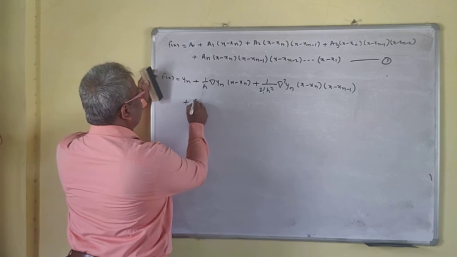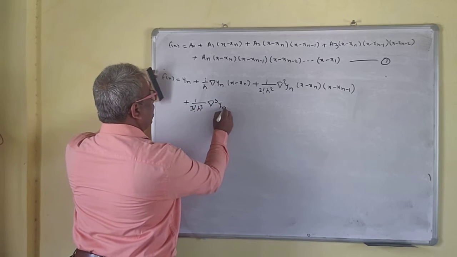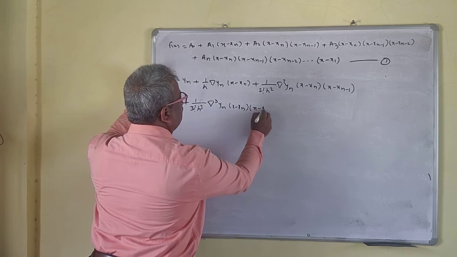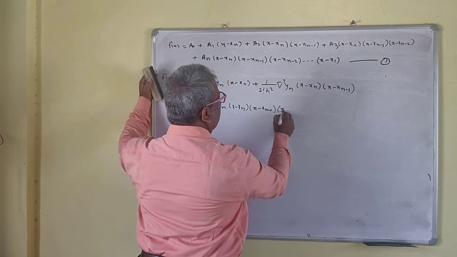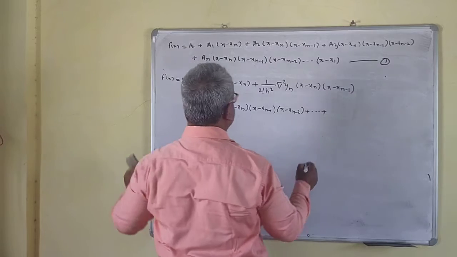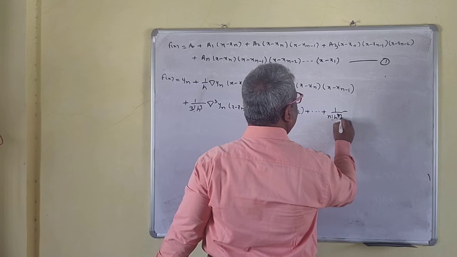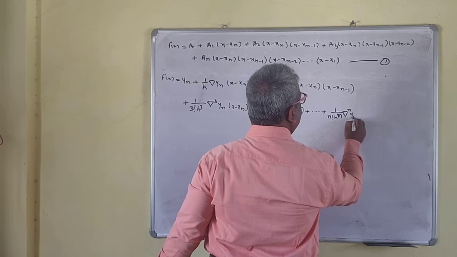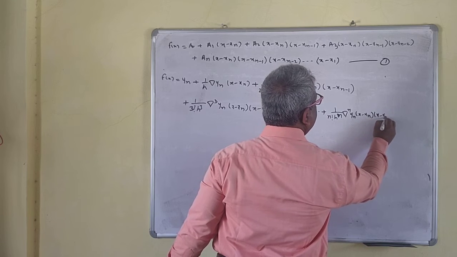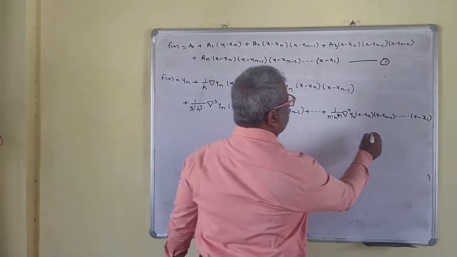A3 is 1 upon 3 factorial h cube, third backward difference at yn, times (x minus xn)(x minus xn minus 1)(x minus xn minus 2) plus dot dot dot plus 1 upon n factorial h to the power n, nth backward at yn, times (x minus xn)(x minus xn minus 1) dot dot dot (x minus x1). I will call this equation 2 now.